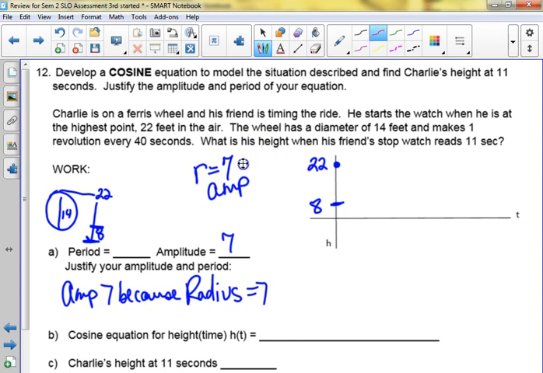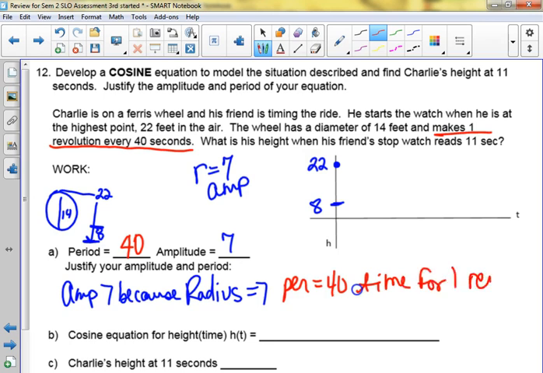Period. The period is 40 seconds, right? Because 1 revolution every 40 seconds. Okay, so what goes in the equation? 2 pi over 40 or pi over 20, good.